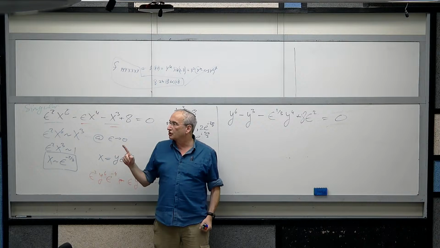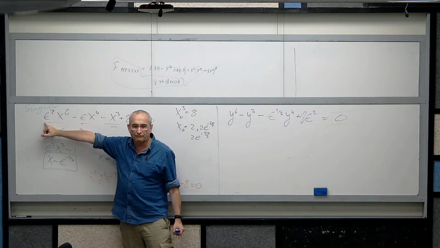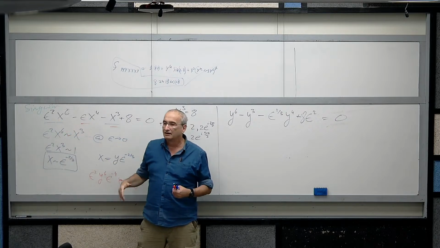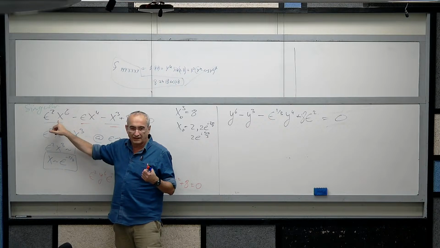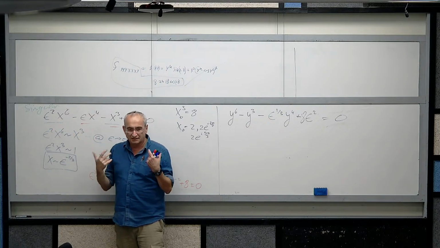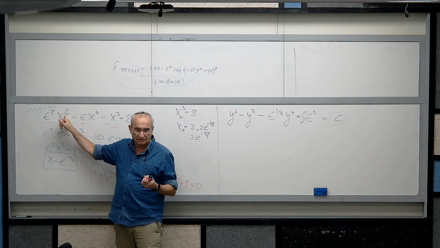Usually, the question is whether or not epsilon is in the coefficient of the highest power. Because you know that the number of solutions is equal to the highest power. That's the basic principle of algebra.